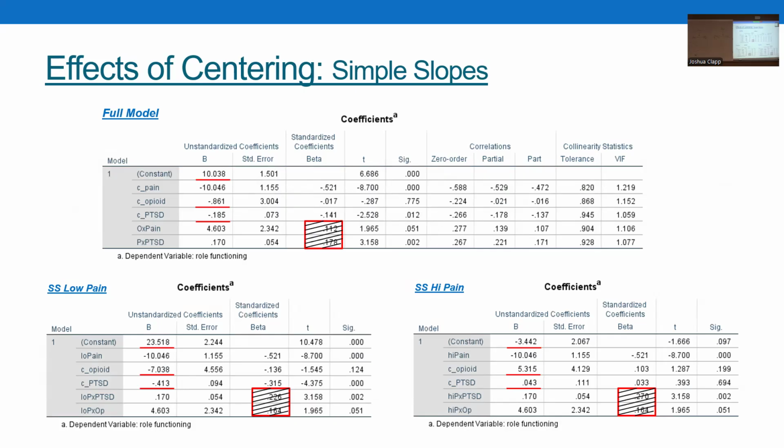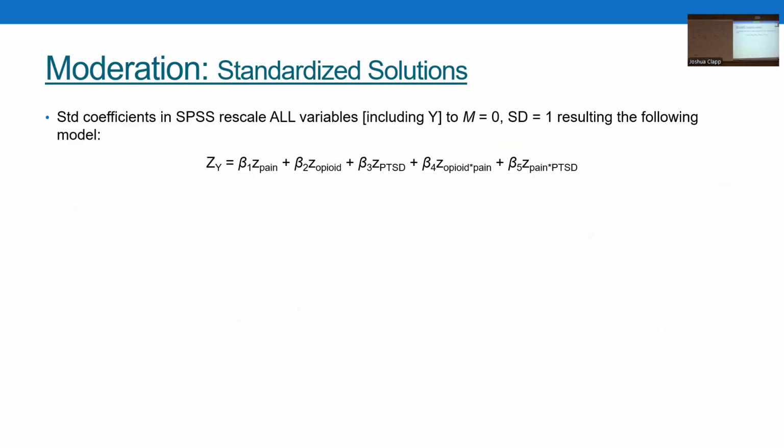So here's the thing: when we're centering variables, do we center our y variable? No, we don't need to center our y variable, but if you get a standardized solution, everything gets standardized, everything is z-scores, okay? The problem is when we run into this with our interaction terms. So in this model, you've got centered pain, centered opiate use, centered PTSD, and then you have the interaction terms, right?